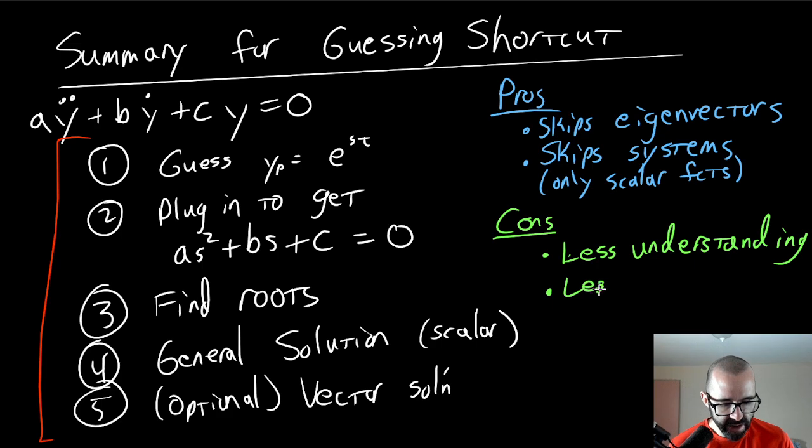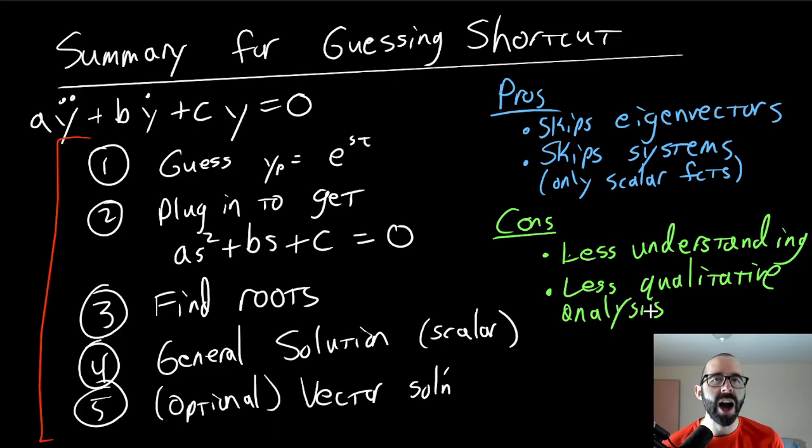And it also has less qualitative analysis power. We're going to do some really cool qualitative analysis. Well, it's not that cool, but it's cool how we can do it later on in the section. And you can't really do that unless you have a system. But we can always convert it to a system. So this is really not that big of a con.